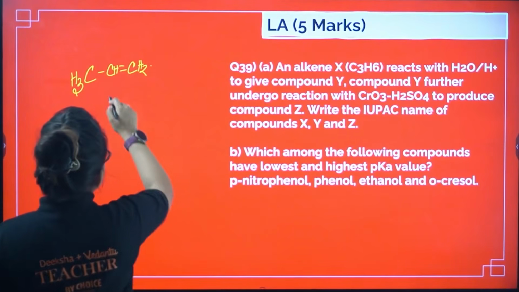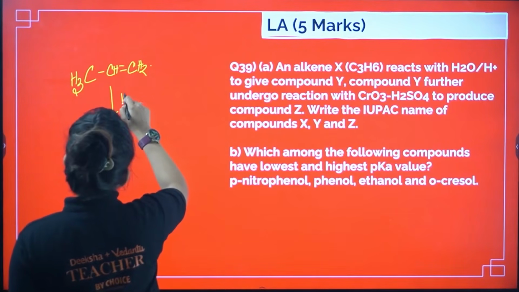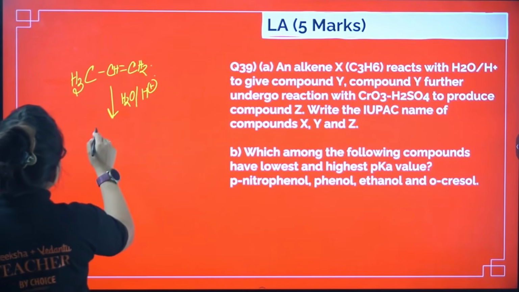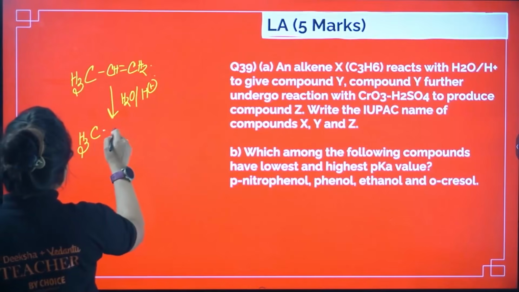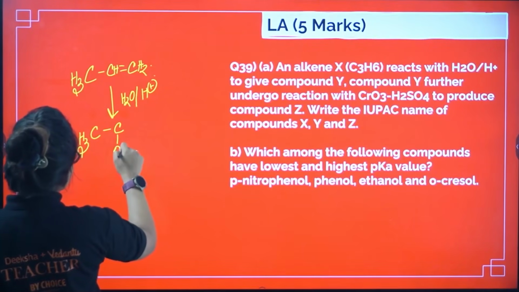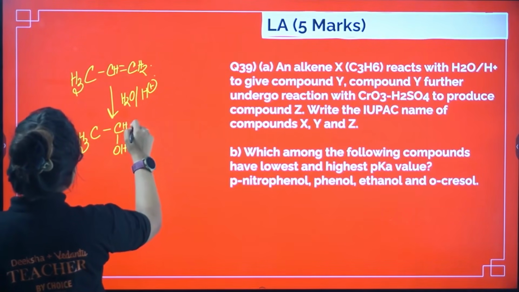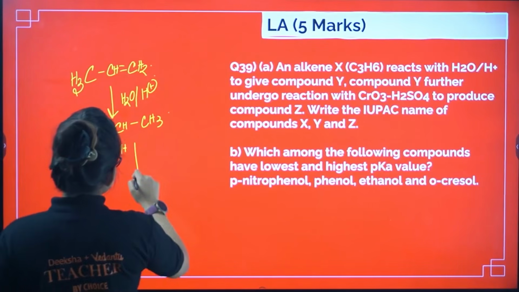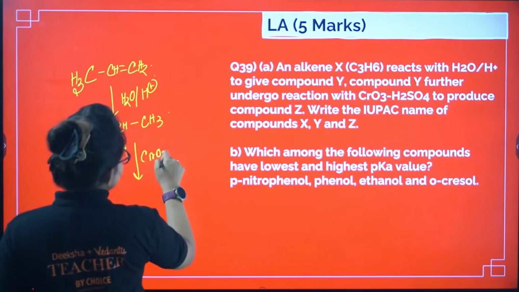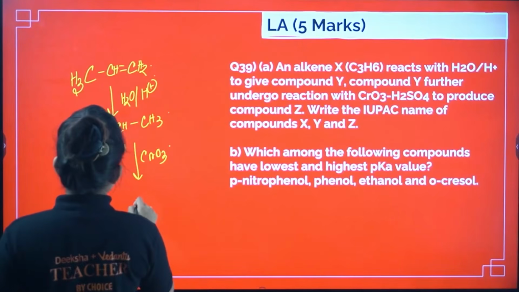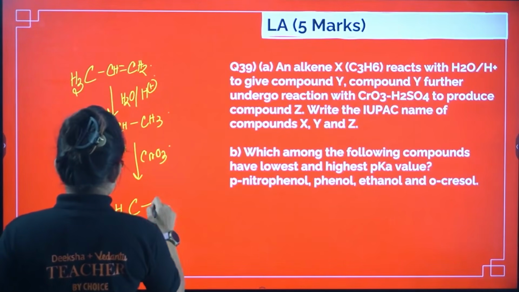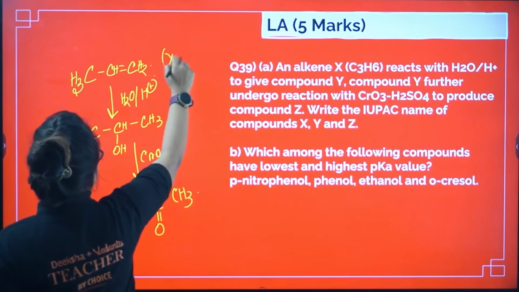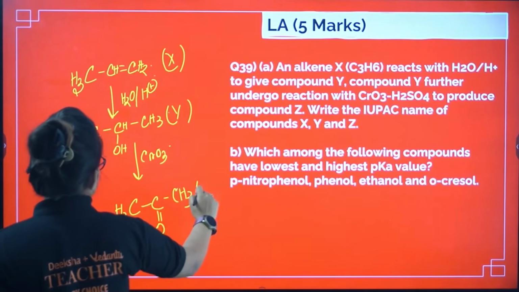This on being treated with H2O in H plus will give you an alcohol. What type of alcohol? You will get the intermediate alcohol because it will follow the Markovnikov mechanism: CH3, CH(OH), CH3. Now it will undergo the reaction with CrO3, and it will give you the ketone, right? Just now we did this type of thing: C double bond O, CH3. So this is my X, this is my Y, this is my Z.